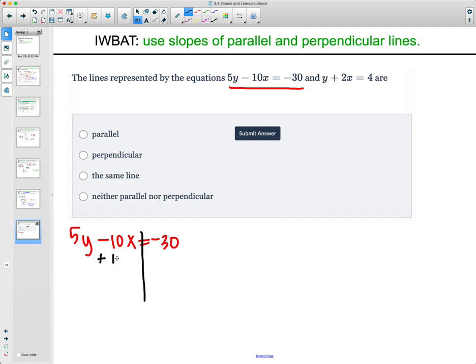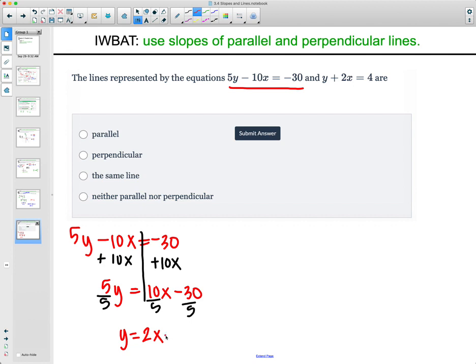So we're going to want to bring this x term over. So we end up with 5y equals, and I like to write the x first, so positive 10x minus 30. Divide by 5 to everything. So then we end up with y equals 10 divided by 5 is 2x.